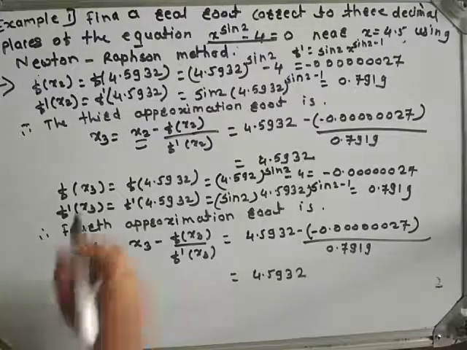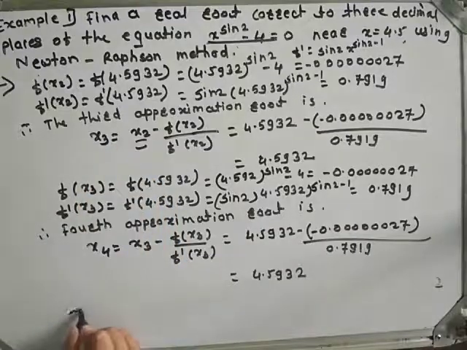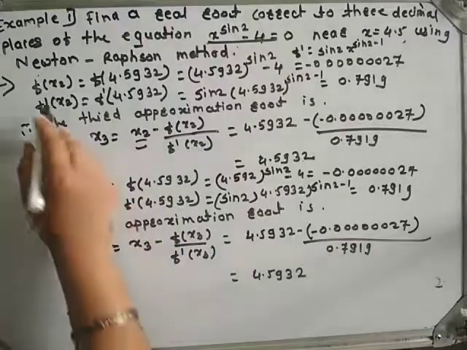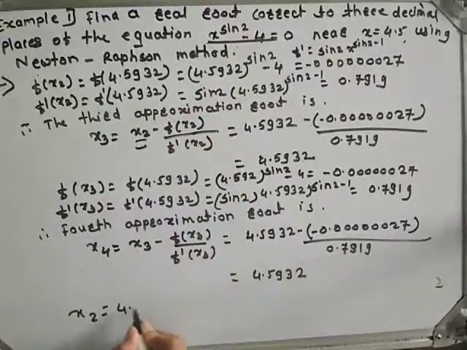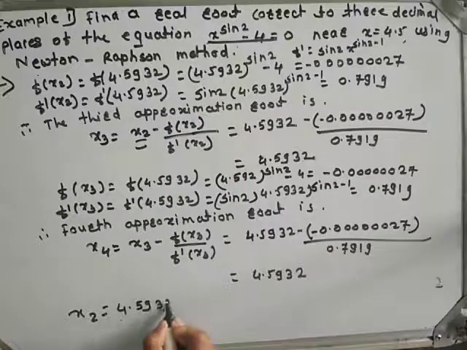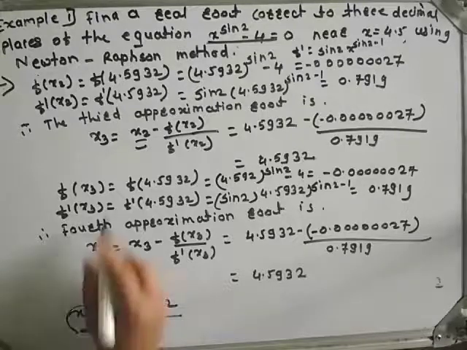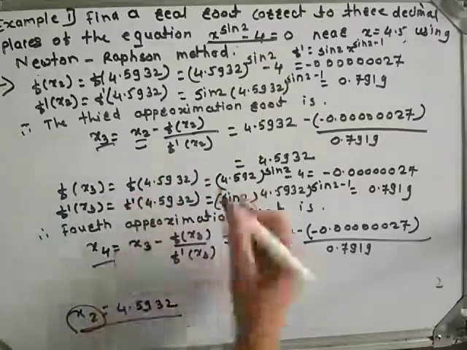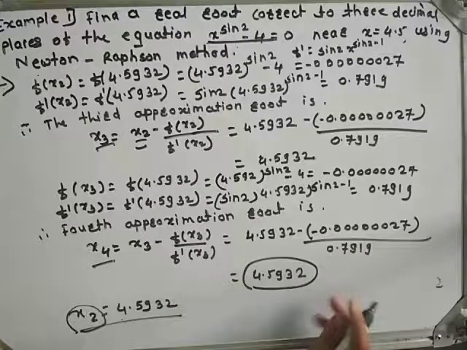See here, we get here x4 is 4.5932. Here observe that second, third and fourth roots are equal.